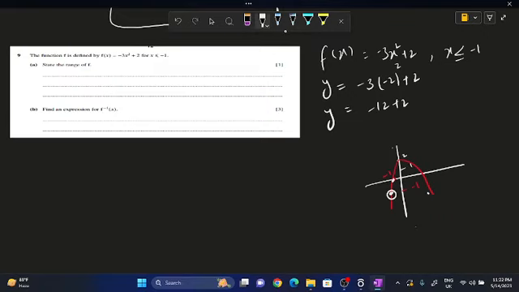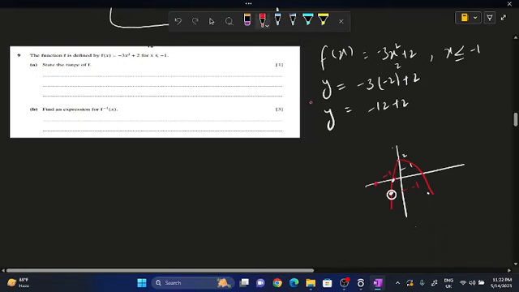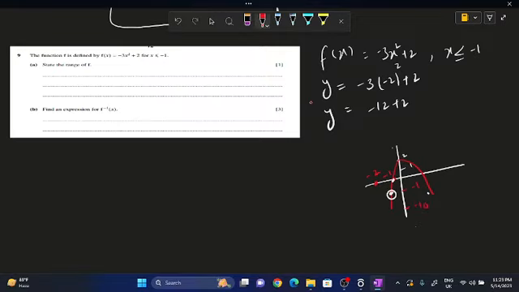It means that for x equals minus 2, here is minus 2, your y value is minus 10. For example, here is minus 10. So that's the second point.